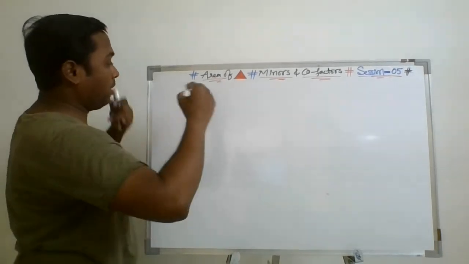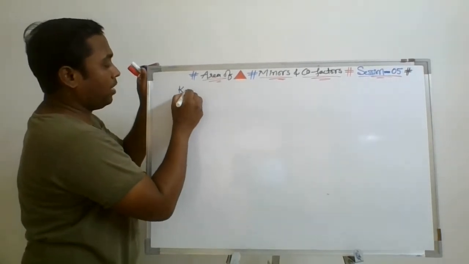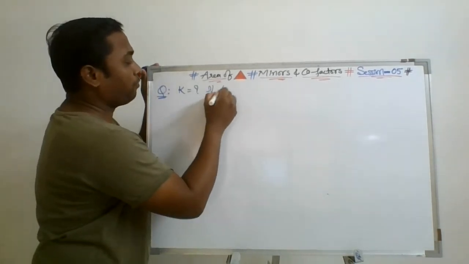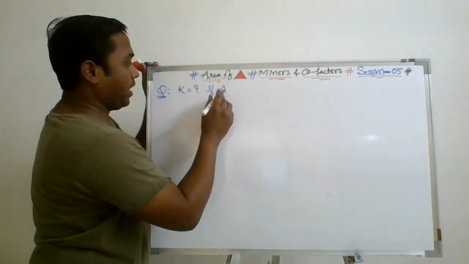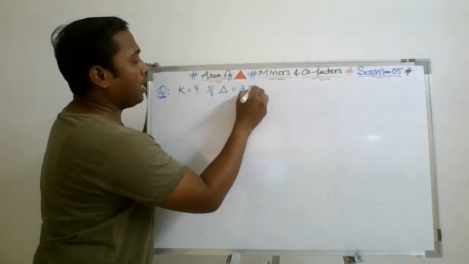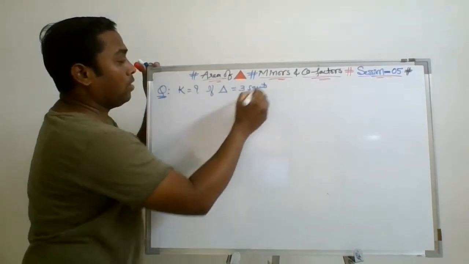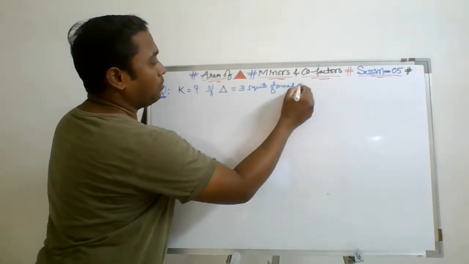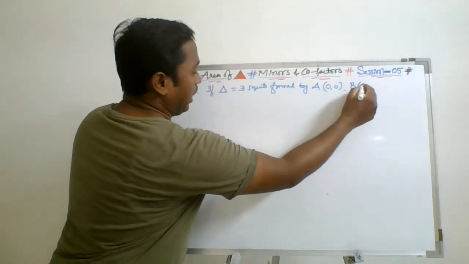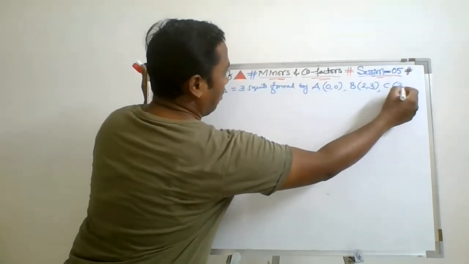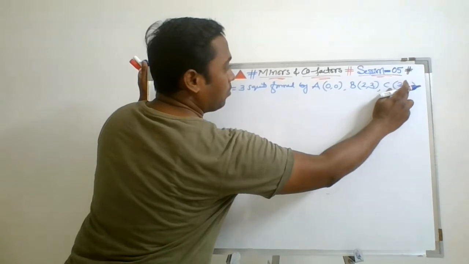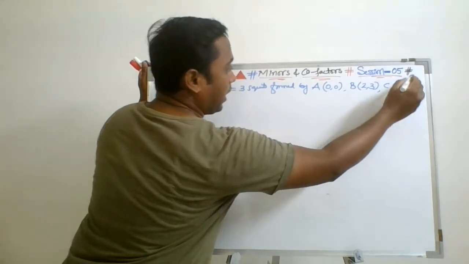Now what I am saying here, find the value of k. Question is, find the value of k if the area of the triangle is 3 square units, formed by the coordinates (0, 0) and (2, 3) and (3, k).